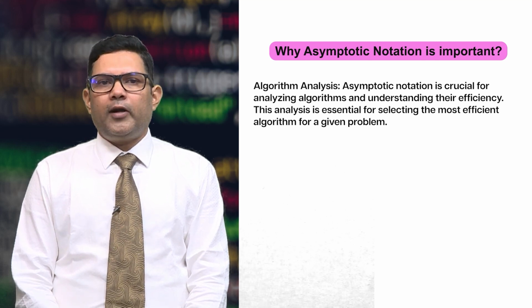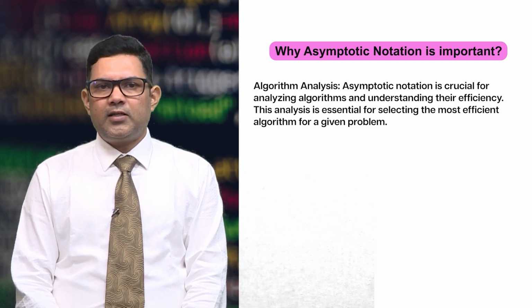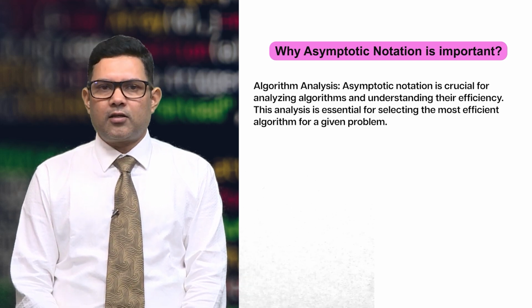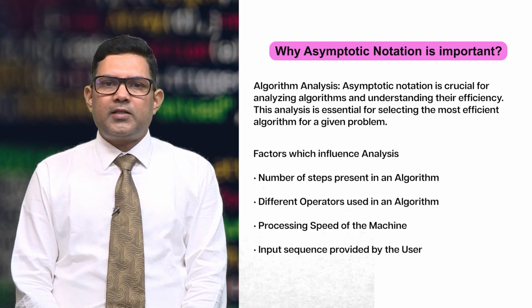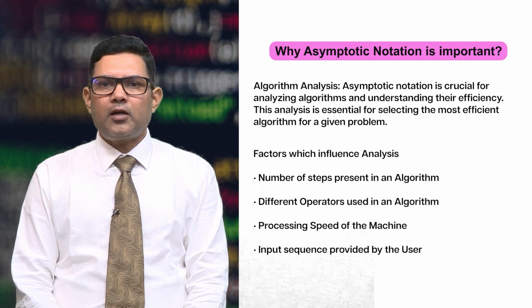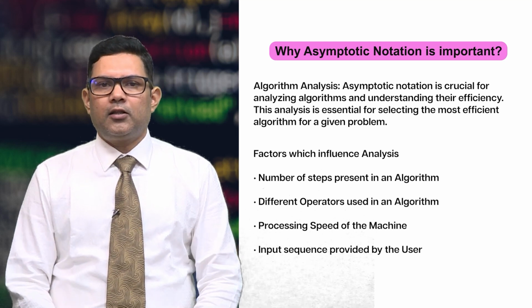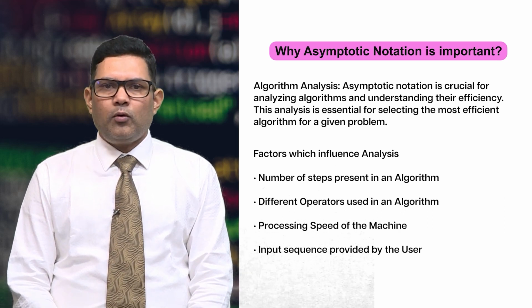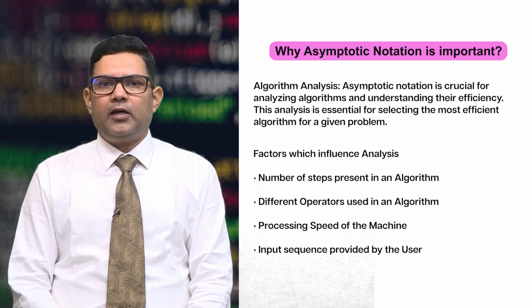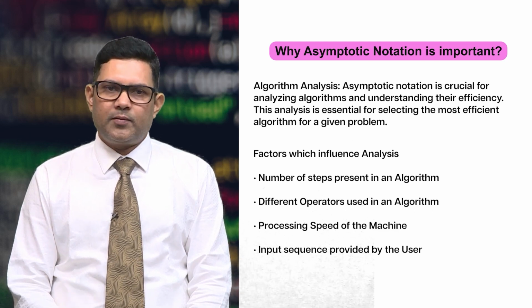But whenever we analyze a particular algorithm, there are some factors which can influence the analysis of the algorithm. So what are the factors? Number of steps present in an algorithm. If a user uses a maximum number of steps in an algorithm, then definitely the time complexity will increase. So we have to be very careful during the design of our algorithm that we conclude it with a minimum number of steps.